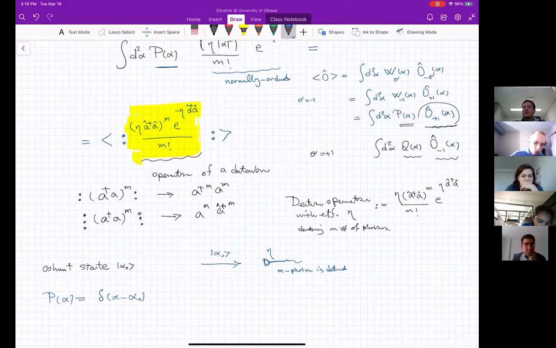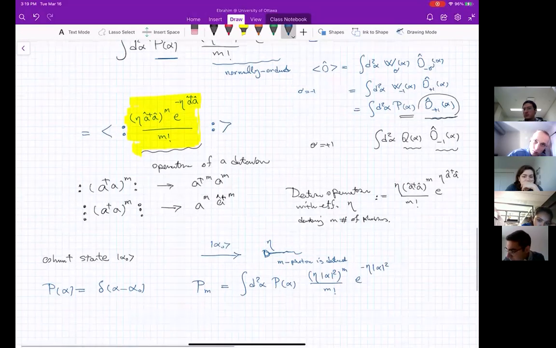This is the quasi-probability distribution for a coherent state in the Glauber-Sudarshan representation. Okay. Then we know the action of the detectors, and we already did the calculation. So the probability of finding m photons is given by the integral of d^2 alpha, the quasi-probability distribution of alpha, times (eta |alpha|^2) to the power of m divided by m factorial, e to the power of minus eta |alpha|^2.